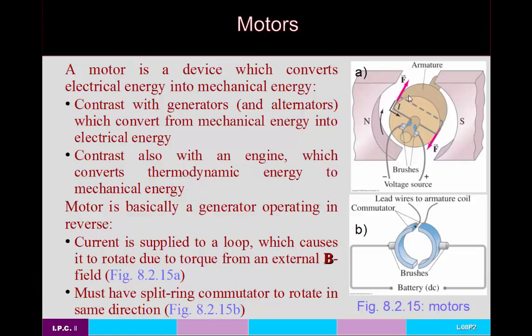And hence, the torque is always causing this thing to spin in our clockwise direction. And because this thing is rotating, it can then, by being attached to gears or what have you, do some amount of mechanical work. There's basically mechanical energy stored in this armature in the form of rotational kinetic energy.